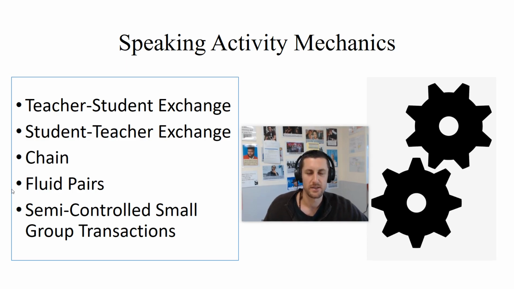Fluid pairs. This is a method in which students will do a brief exchange with one partner and then immediately switch to another partner. Some people like to do this mechanic in an activity called circle pairs, in which there are two circles, one in the middle and one on the outside.